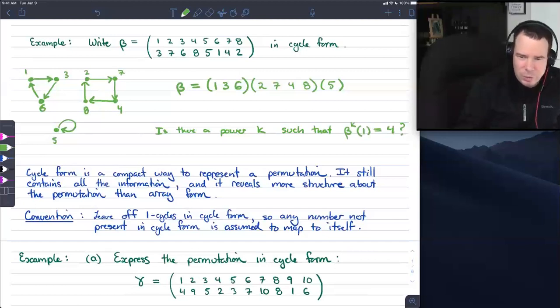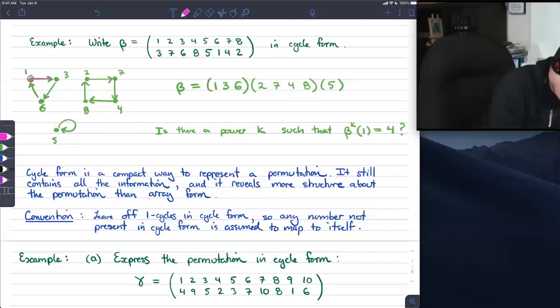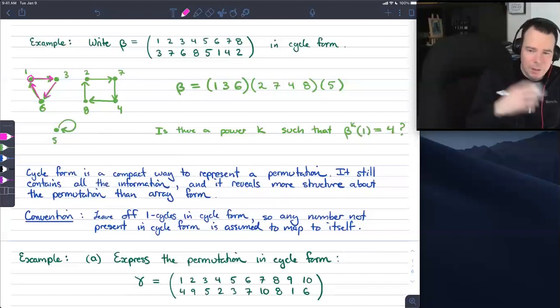Yeah, no. And the reason it's no is because, let's look at where 1 is. When I apply beta once, it takes it to 3. When I apply beta again, it takes it to 6. When I apply beta again, it takes it back to 1. So beta to the 3 is 1. Beta to the 4 of 1 would get back to 3.